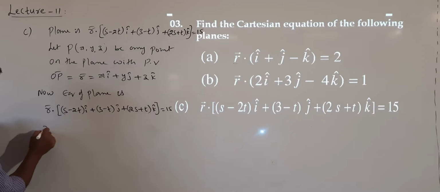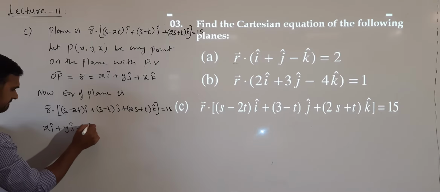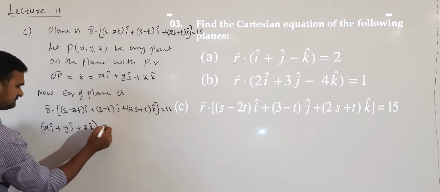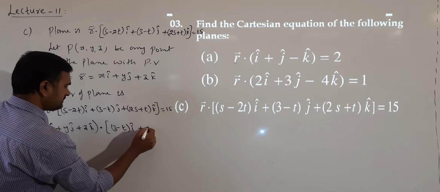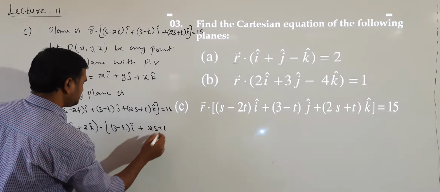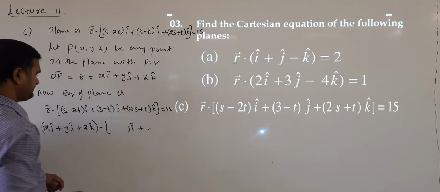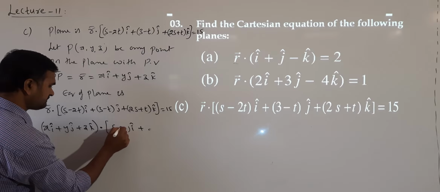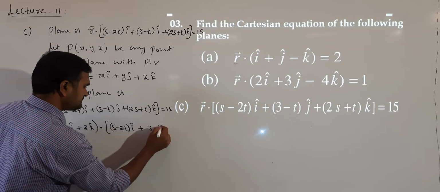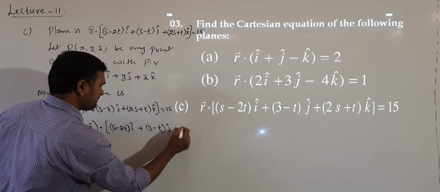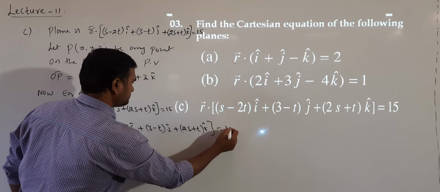R bar is xi plus yj plus zk, dotted with the i component s minus 2t, plus (3 minus t) j, plus (2s plus t) k, is equal to 15.